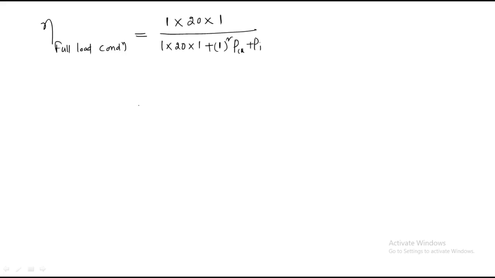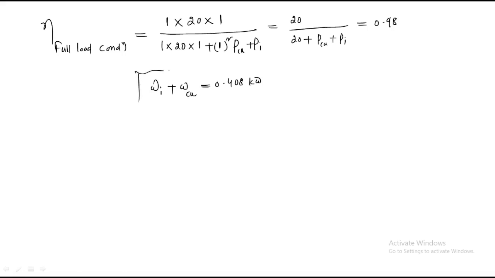So we have to get the equation: 20 by 20 plus PCU plus PI. But given that the efficiency at full load is 0.98. So from this we will get the equation PI plus PCU, which is equal to, after calculation, 0.408 kilowatts.